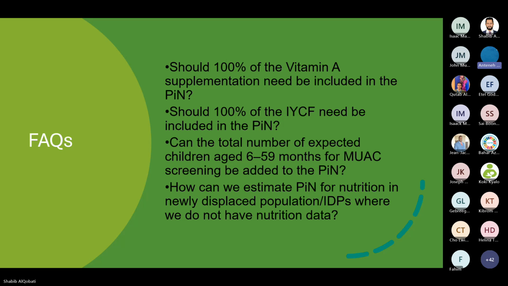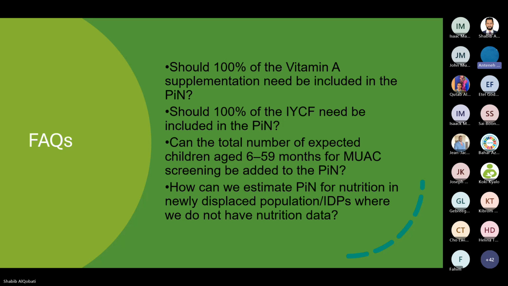Because as we discussed earlier, we include the IDPs, especially when they are of significant number, in the PIN or in our nutrition need analysis. But how do we estimate the PIN for this group in the absence of data? I think this is a very common question.